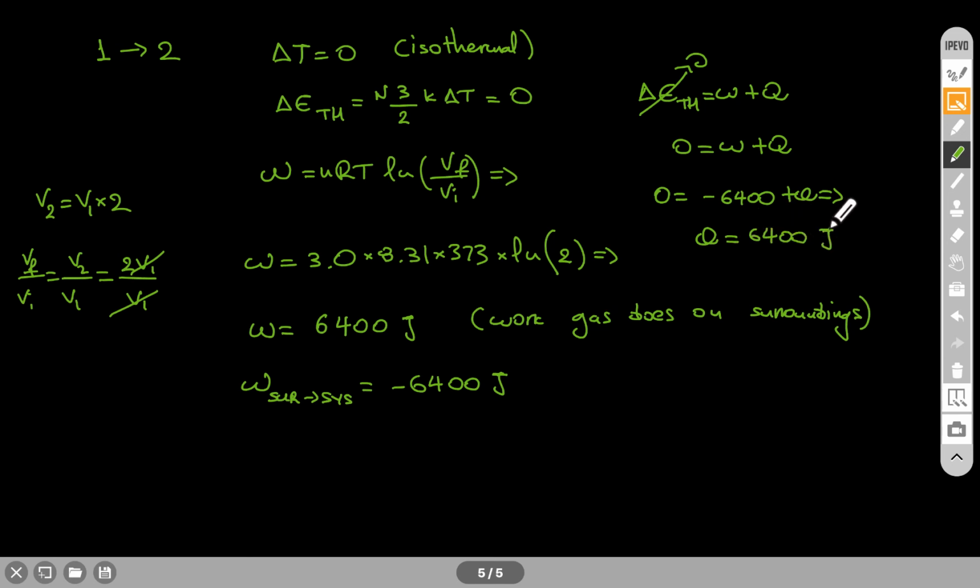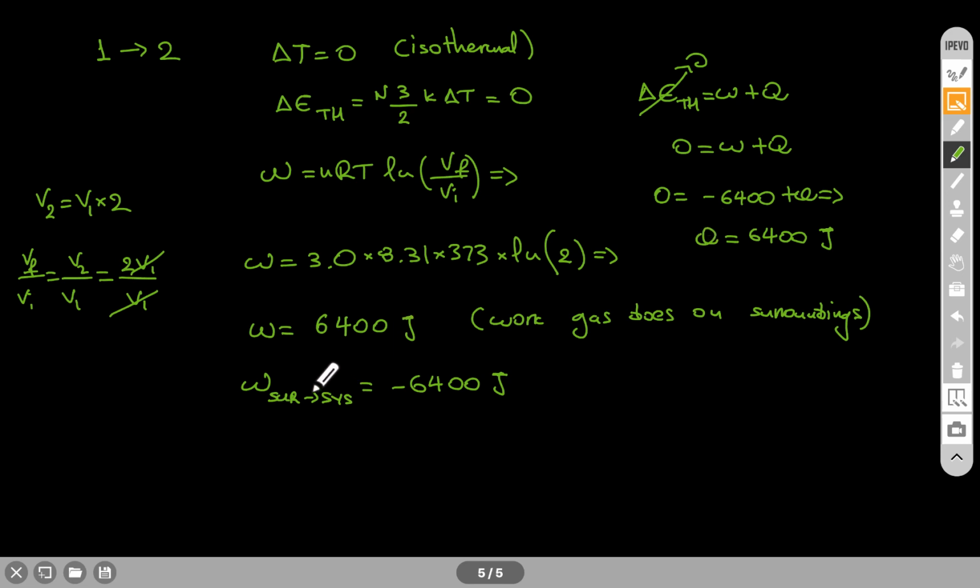and this means Q is 6,400 joules. Now, what does that tell me? The fact that Q is a positive number means that some thermal energy was transferred from the surroundings to the system. So 6,400 joules went from the surroundings to the system in the form of thermal energy transfer, due to a temperature difference.